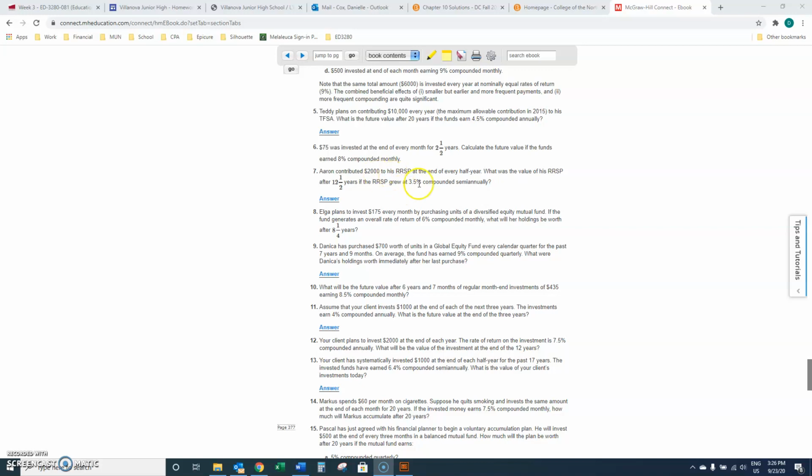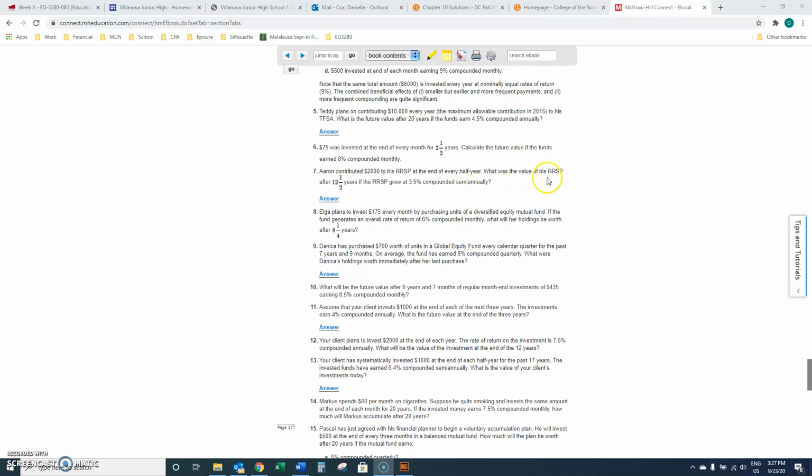He does it at the end. So this is important in annuities. We're going to do annuities that have payments at the end and have payments at the beginning. But right now we're just looking at the ones that have them at the end for every half year. So that's a different way of saying semi-annually, so twice a year. So our payments per year are going to be 2.